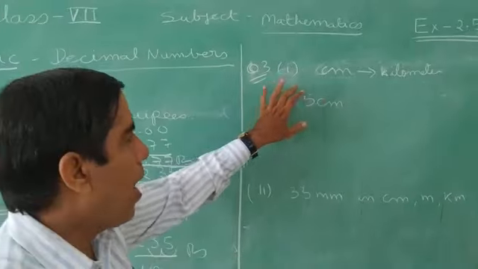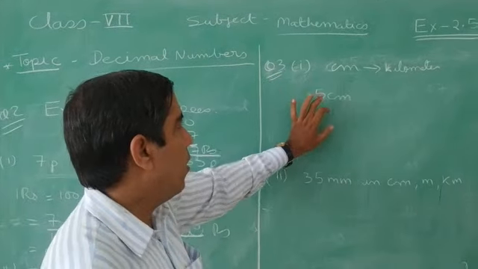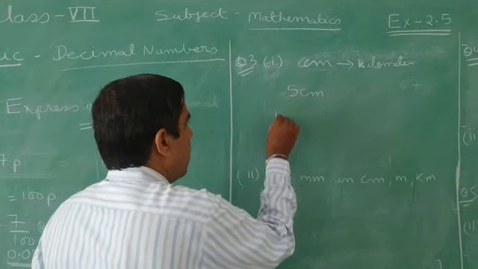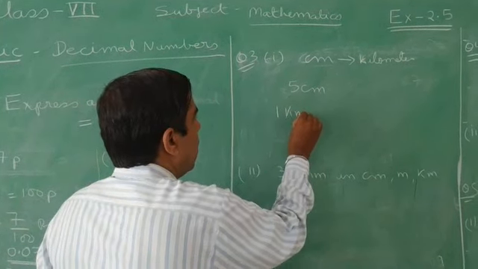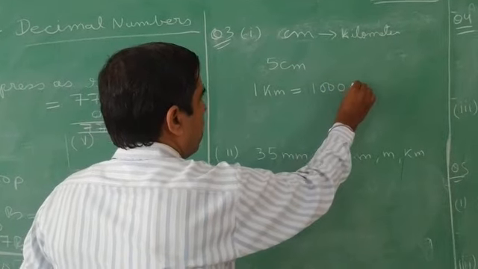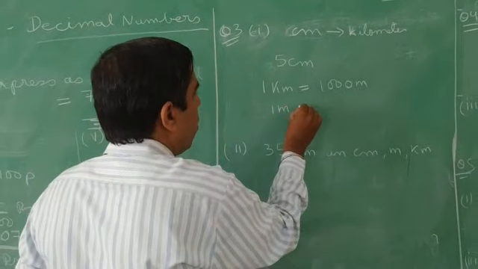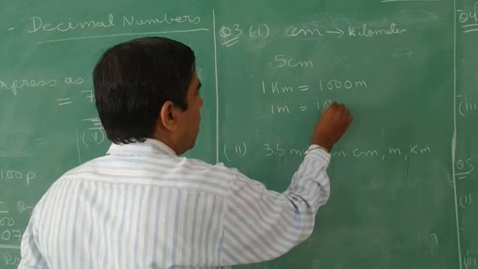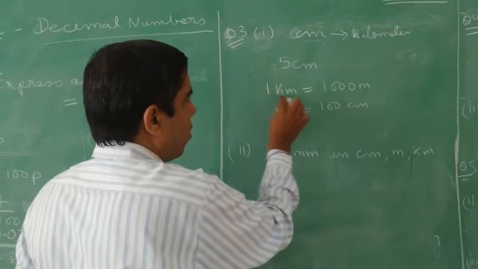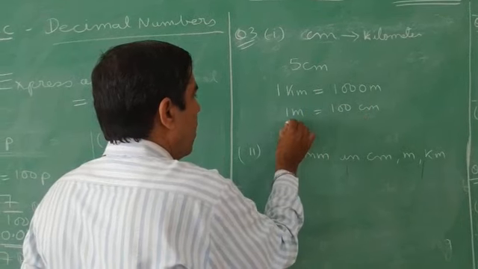Now come to question number 3. It is the same type, from lower to higher unit: centimeter to kilometer. Now you know the relation: 1 kilometer is equal to how many meters? 1000. And 1 meter is equal to how many centimeters? 100 centimeters. So how many zeros will come if I write 1 kilometer is equal to how many centimeters?